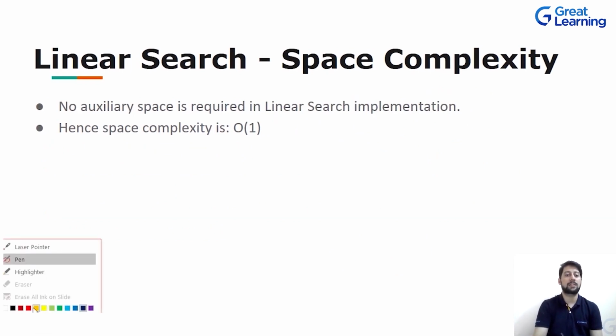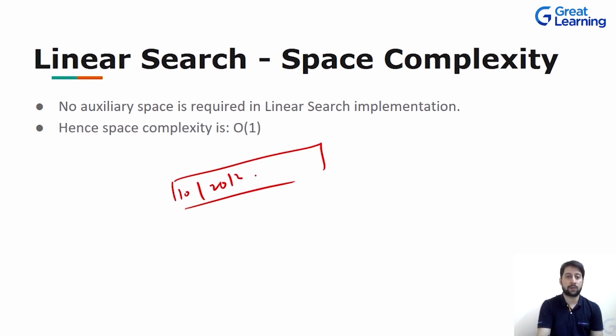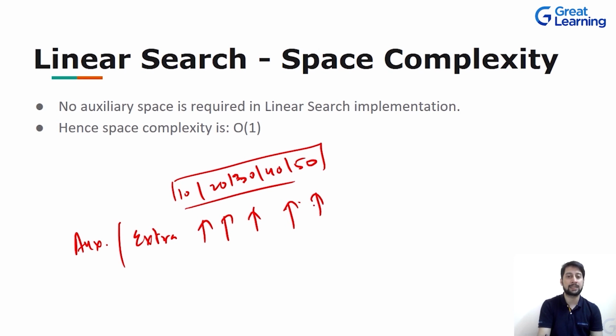Now let's talk about the space complexity of linear search. When we are trying to find the element in the array, that is 10, 20, 30, 40 and 50, we were not using any extra memory, right? We were not using any auxiliary memory in order to find that element. We were just looping around these elements one by one, on the same array that we were given.